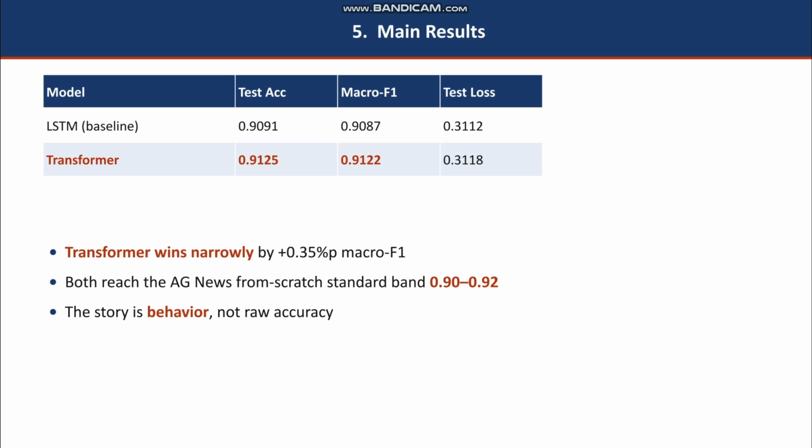The transformer wins narrowly, by about 0.35 points of macro F1. Both hit the standard AG News range of 0.90 to 0.92 from scratch. The gap is small, but the interesting part is the behavior.